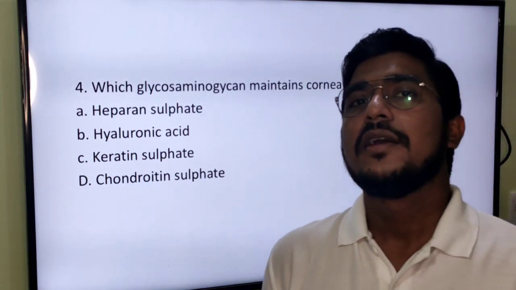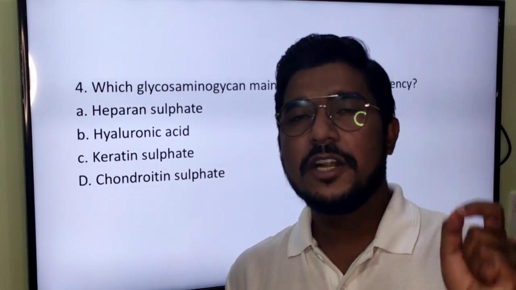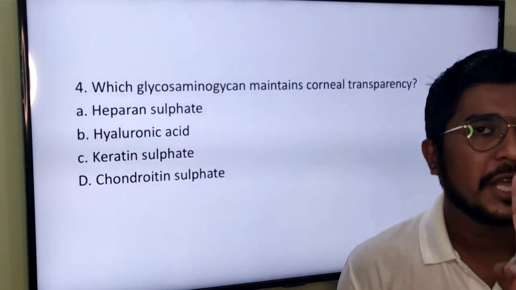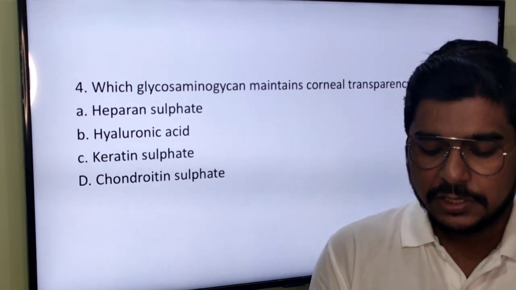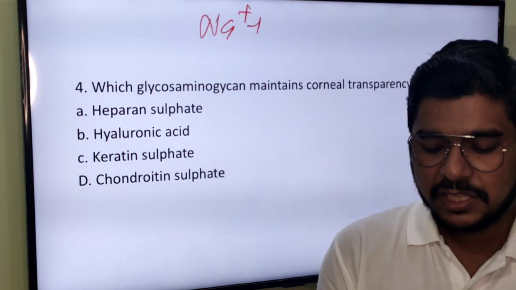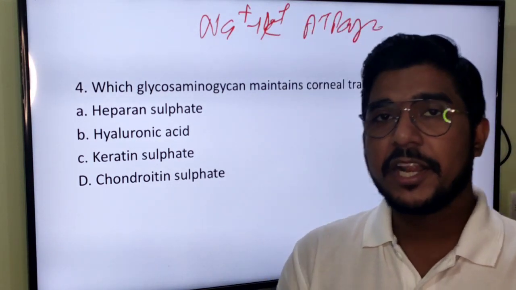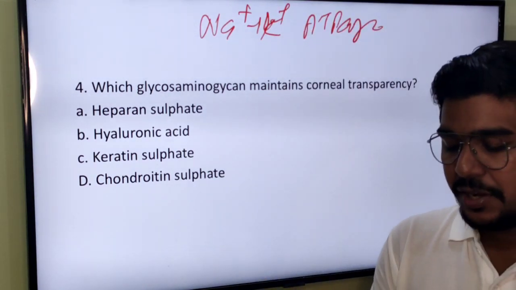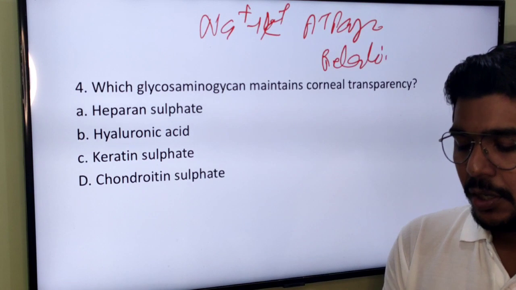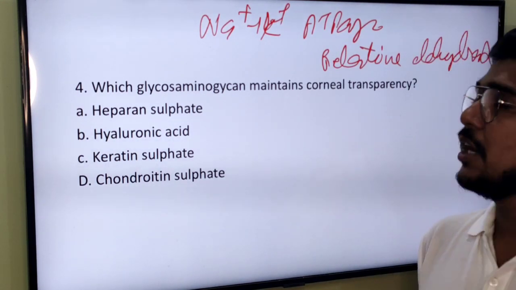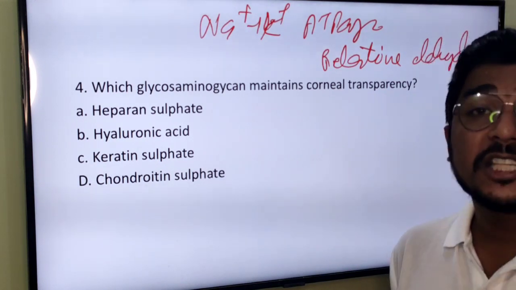Third thing is the presence of the endothelial cell pump, that is the sodium potassium ATPase pump, which is important for maintaining relative dehydration. That's the important term, relative dehydration of the cornea, which maintains the transparency.